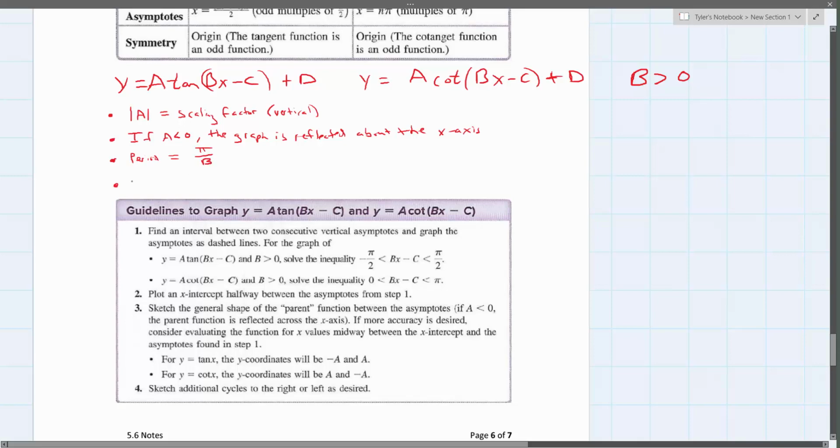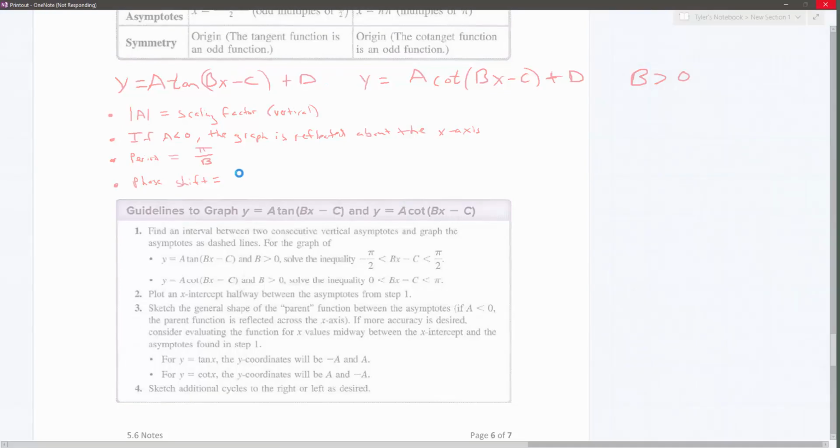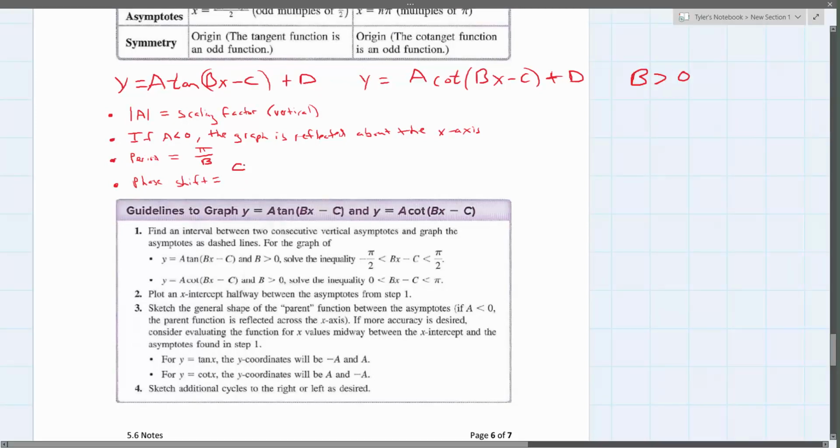Right, so then next thing we want to look at is the phase shift. Remember, that's just a fancy way of saying horizontal shift. We use the term phase shift when we're using trigonometric functions. So the phase shift, you're going to calculate that by taking c divided by b, right?